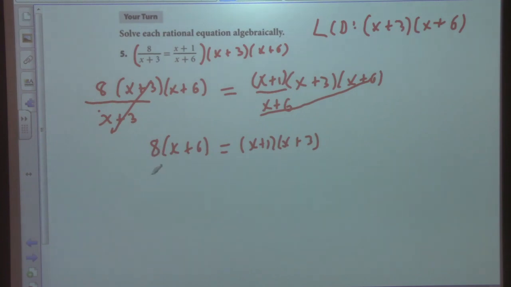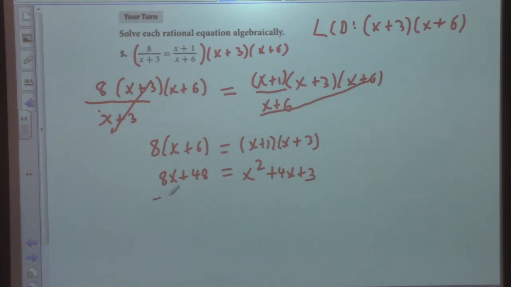On the left side we get 8x plus 48. And on the right side we get x squared, and that's going to be x plus 3x, that'll be plus 4x and plus 3. And then solving for 0 on one side, right? That's the technique.